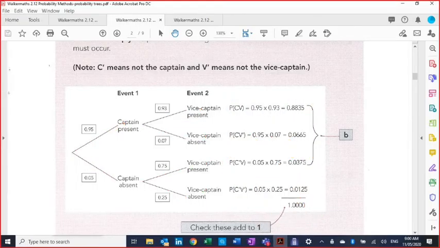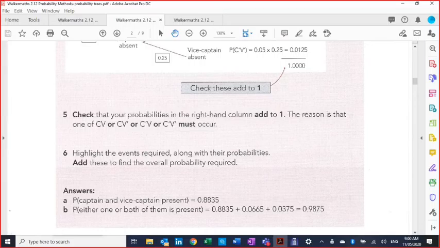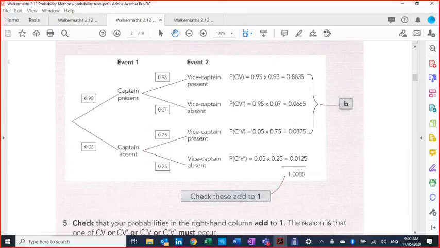Okay. So, then when you have that, you can check that they all add to 1, highlight the events that are required along with their probabilities, and add these to the overall probability required. So, in other words, as you're answering your questions, highlight or circle or whatever.